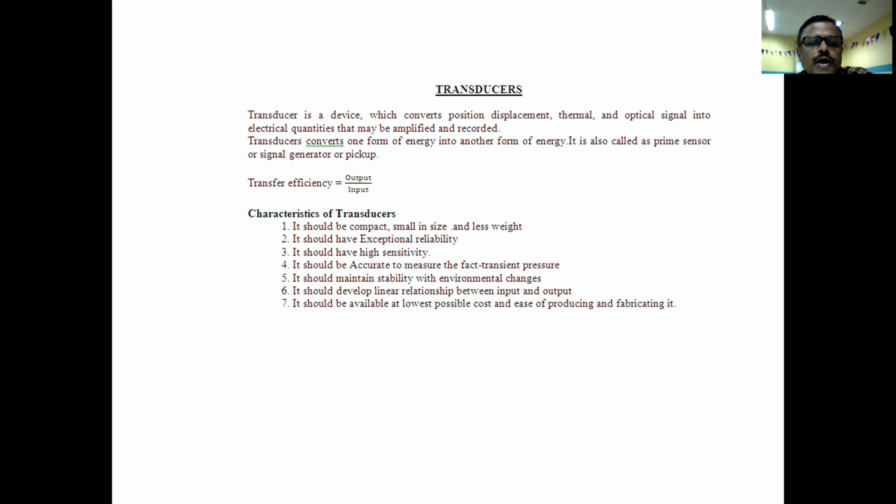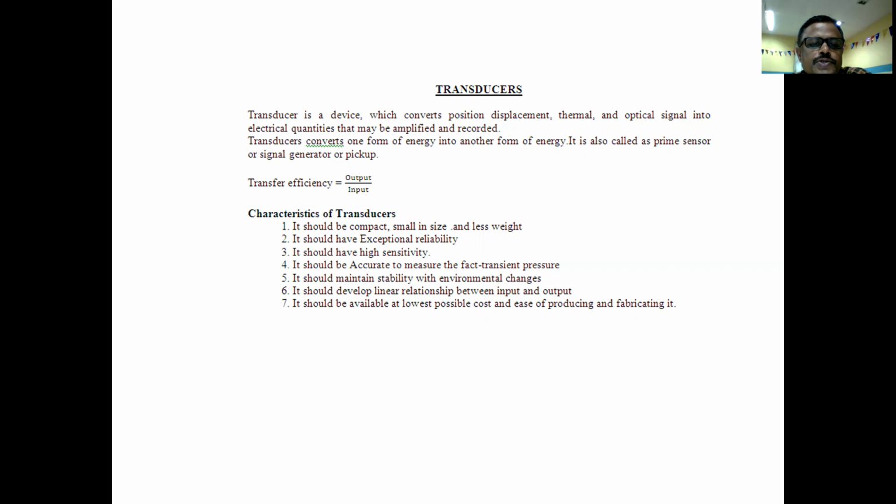It should have high sensitivity. Sensitivity means it should respond even to a very small input. That is the meaning of high sensitivity. It should be accurate to measure fast transient pressures. It should maintain stability with environmental changes.